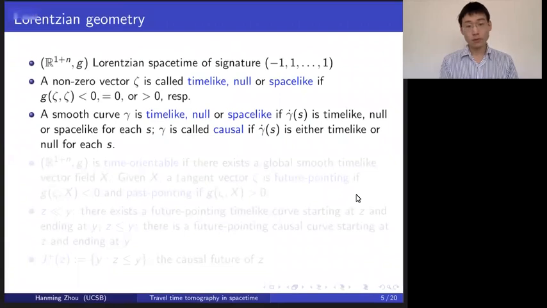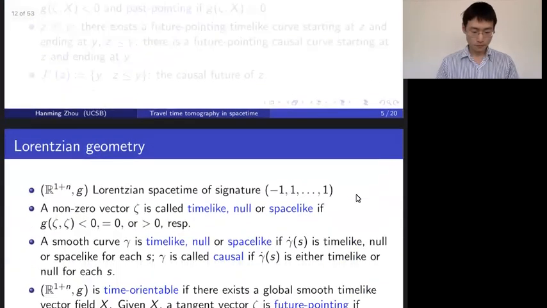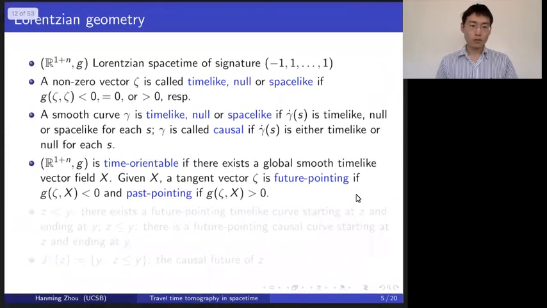Given a smooth curve, we say this curve is time-like, null or space-like if the velocity vector along this curve is always time-like, null or space-like for all times s. And it's called causal if its velocity vector is either time-like or null for all times s.